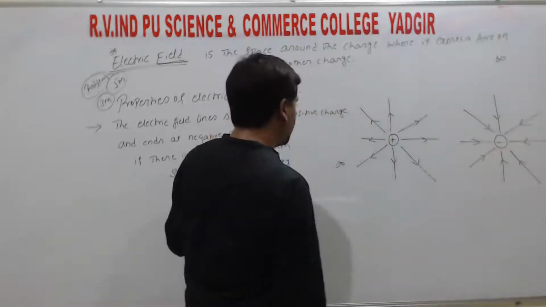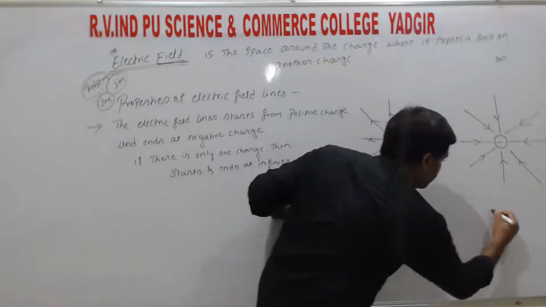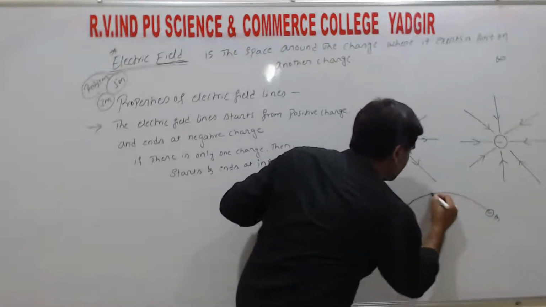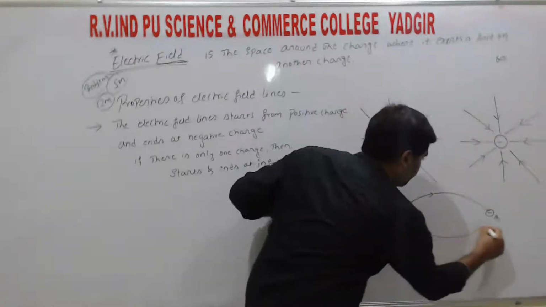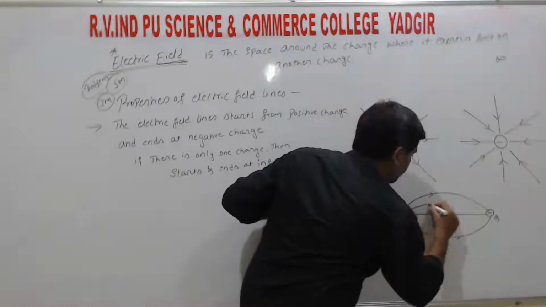For the first statement, if we have plus q here and minus q here, then electric field lines start from positive and end at negative, right?